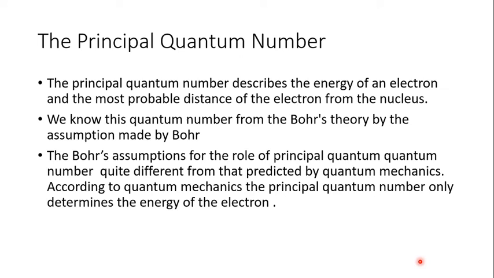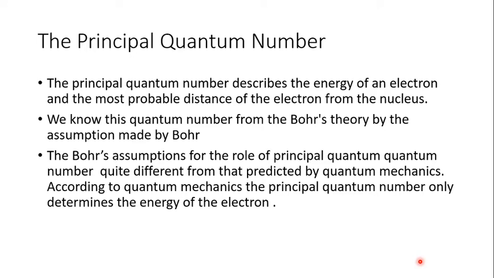So first is the principal quantum number. The principal quantum number describes the energy of an electron and the most probable distance of the electron from the nucleus. We know this quantum number from Bohr's theory, from the assumptions made by Bohr.